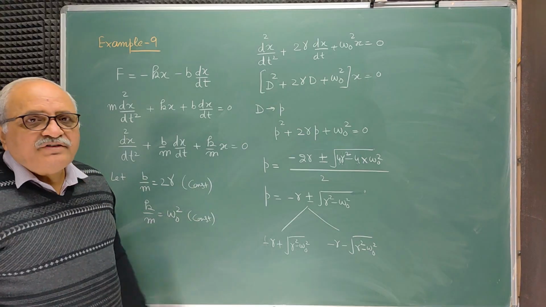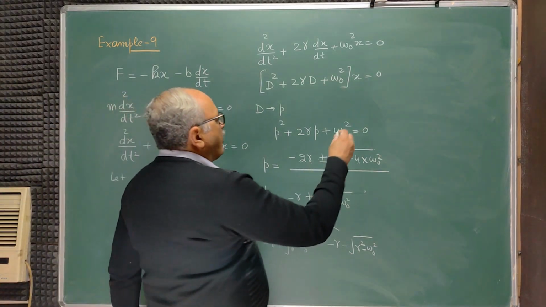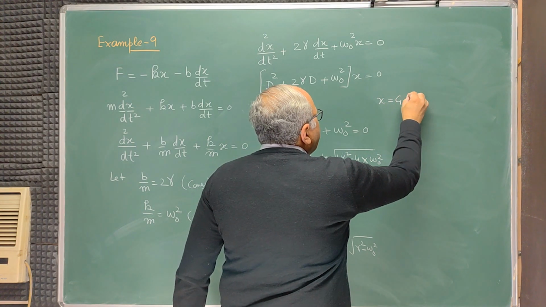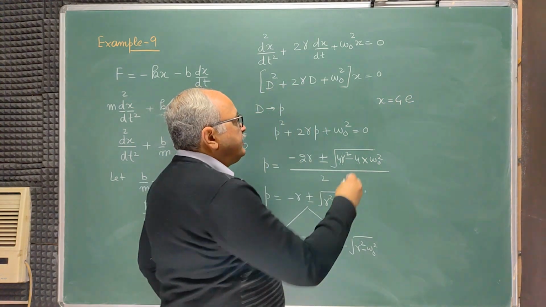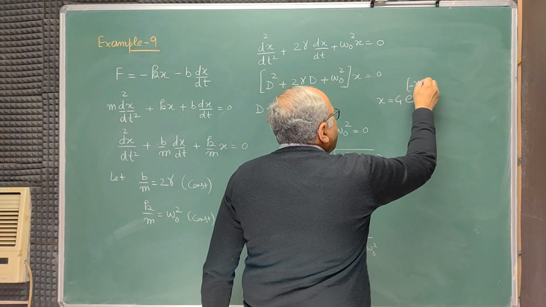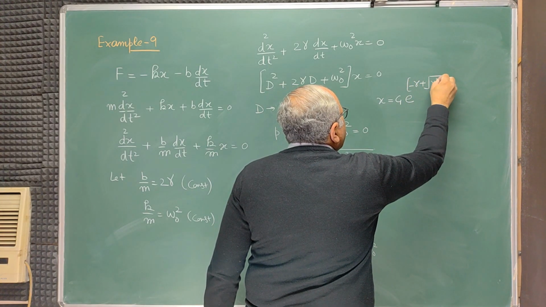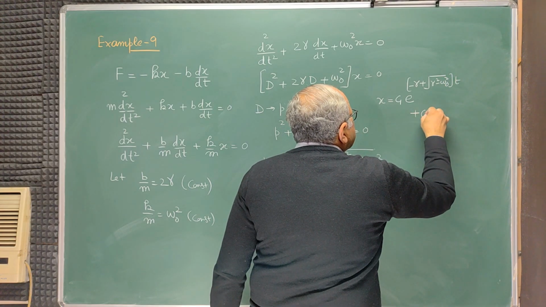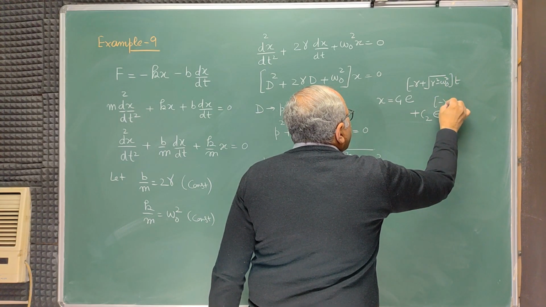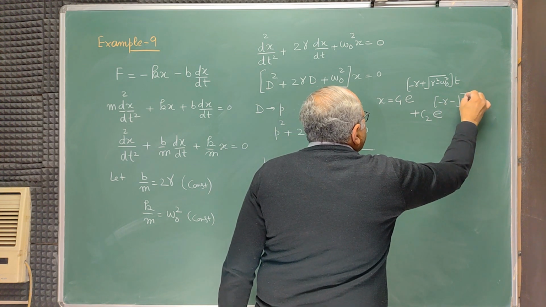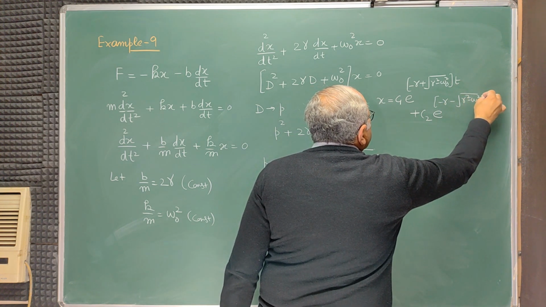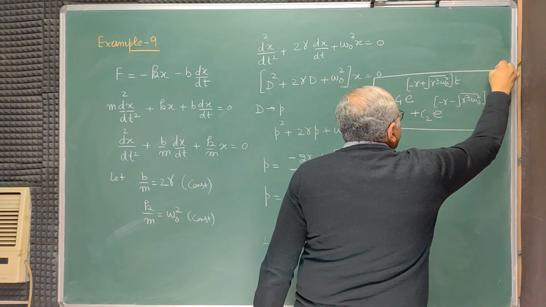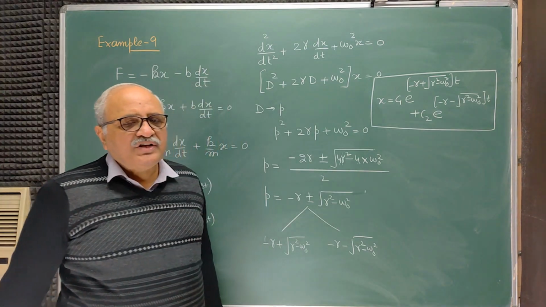So we can write our final answer for the displacement x as c1 e to the power (minus gamma plus the square root of gamma² minus omega 0²) t plus c2 e to the power (minus gamma minus the square root of gamma² minus omega 0²) t. So this is the solution for the damped oscillator.